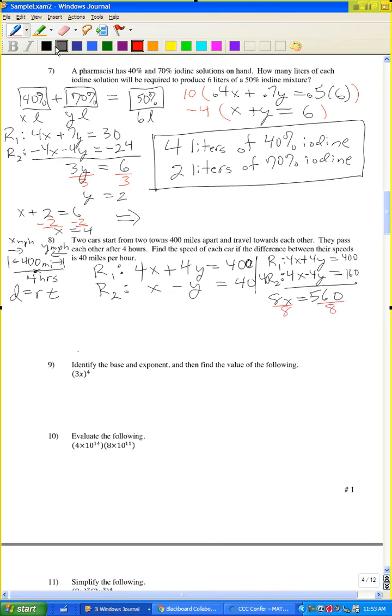So x equals 70. Let's determine y. I guess let's use R2. So I get x minus y is 40. Subtract 70 from both sides.